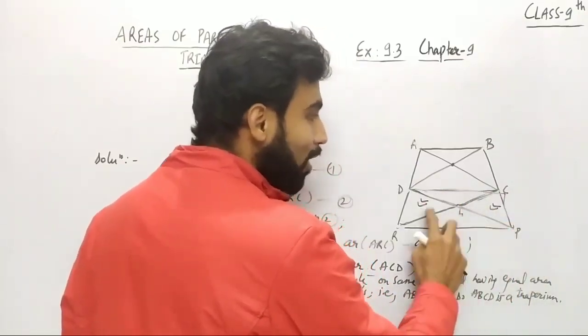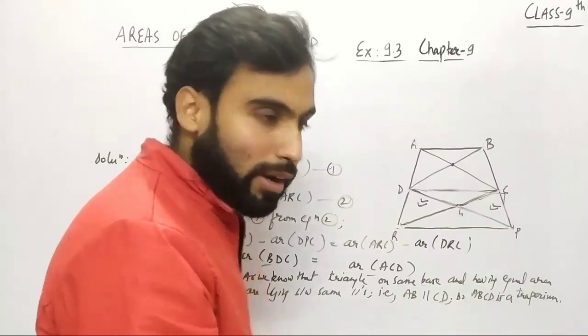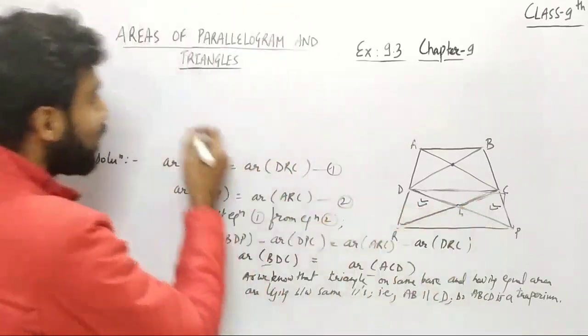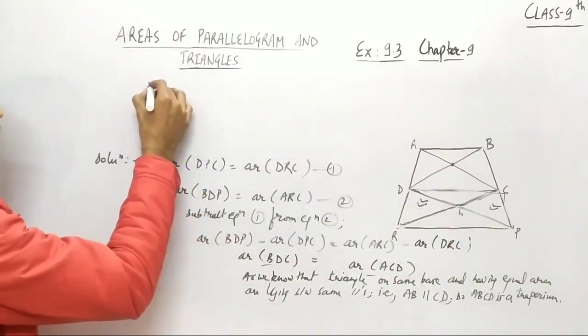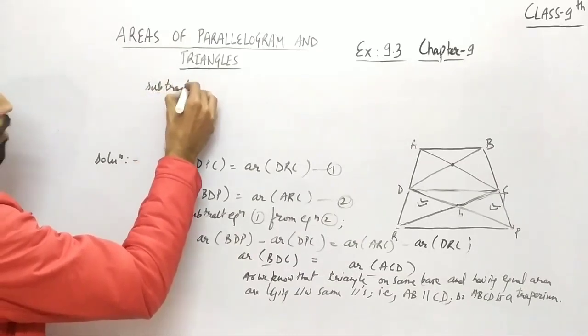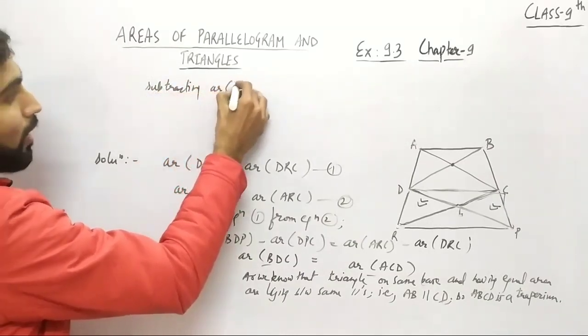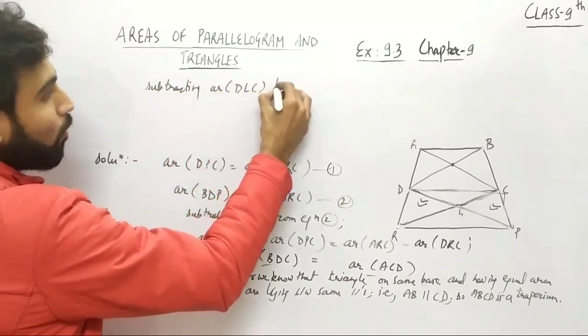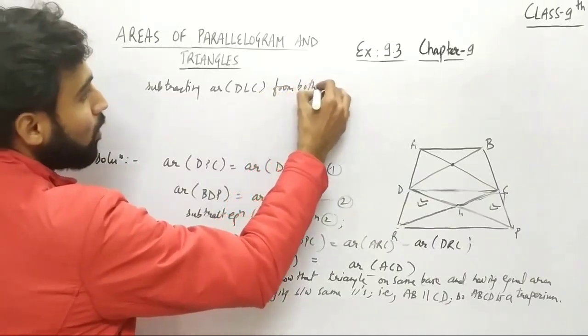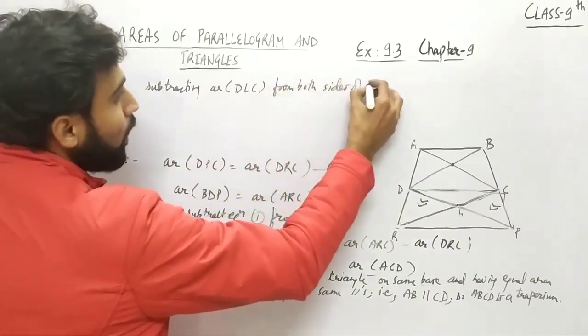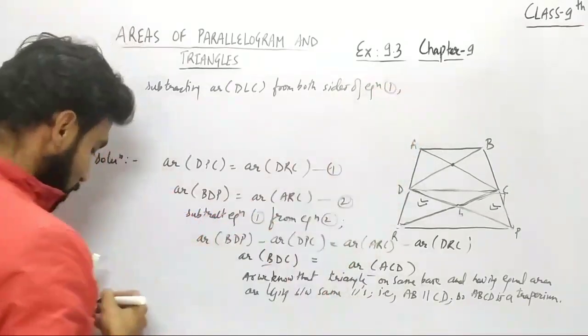That means they will then become equal in area, right? So doing the first step here, you can see subtracting area DLC from both sides of equation number first, right? So what will you have?